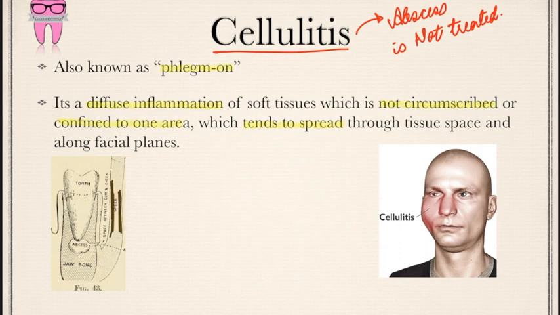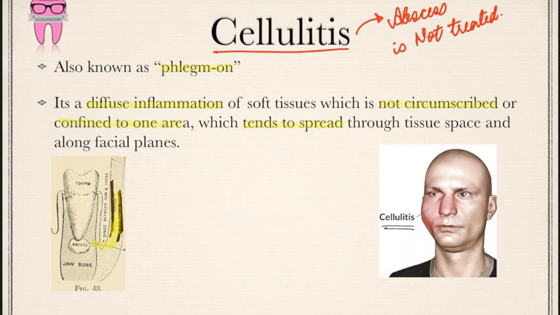We have muscles in the cheek region, and if the abscess gets spread from this area and between the tissues, between the muscle or the tissue spaces, it can lead to cellulitis, which resembles something like this. It is not localized and it's very painful and tender.